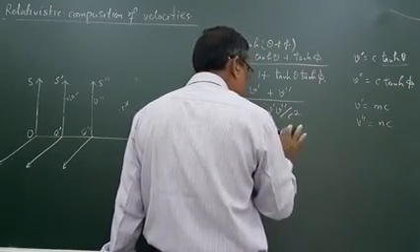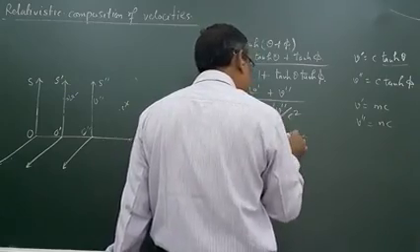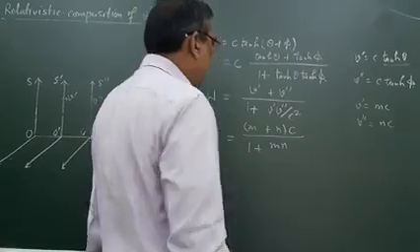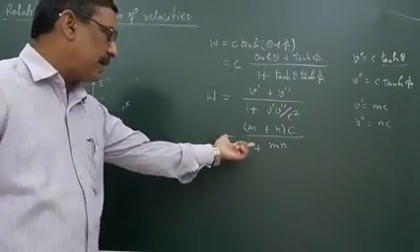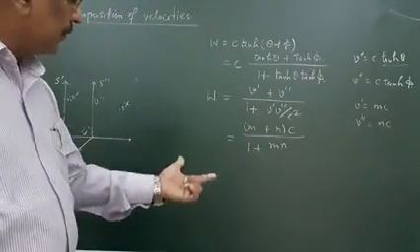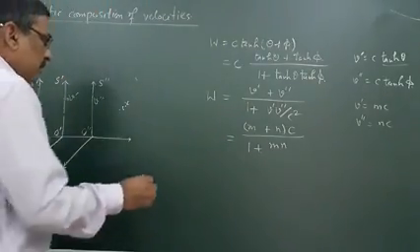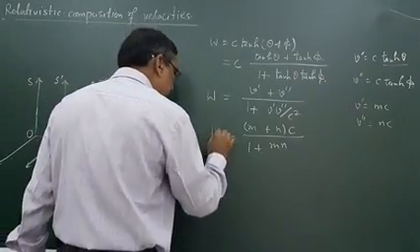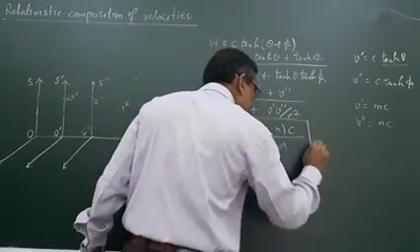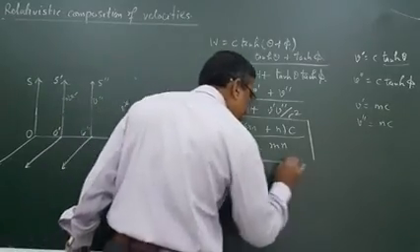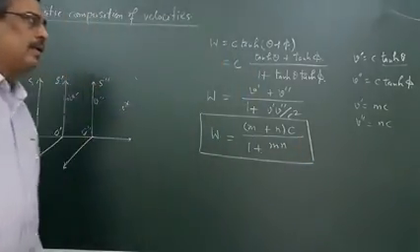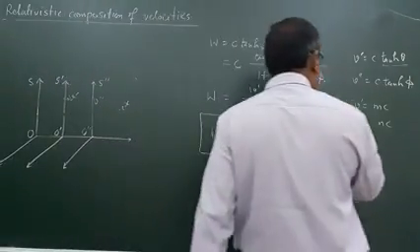So this is m plus n into c, upon 1 plus mn. Now analyzing this equation, what will we find?